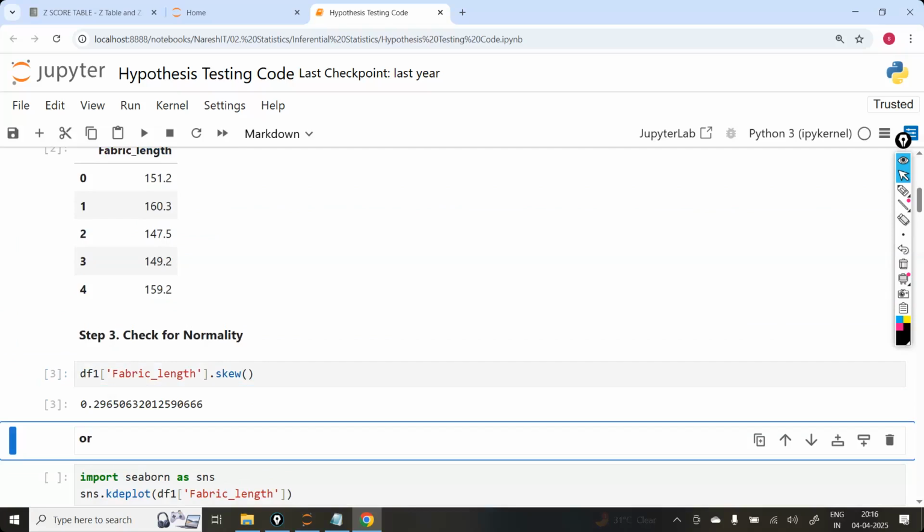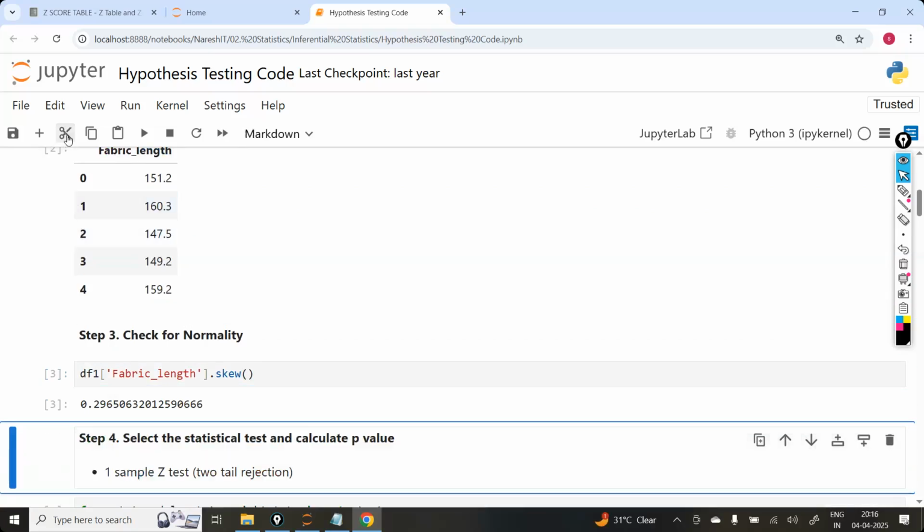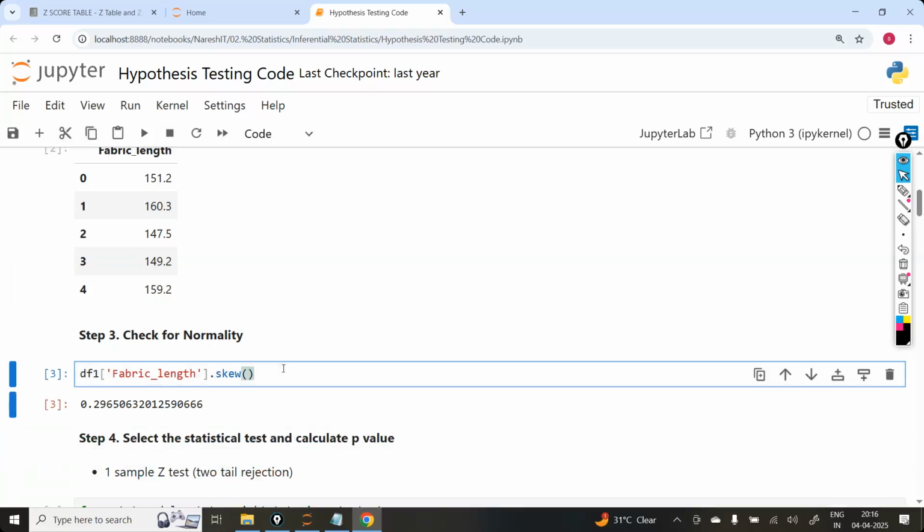I told you different options. One of them is skewness, or by using the histogram or KDE plot or mean or median, anything. So check for normality. Okay, checked. After checking the normality, the data is normally distributed.